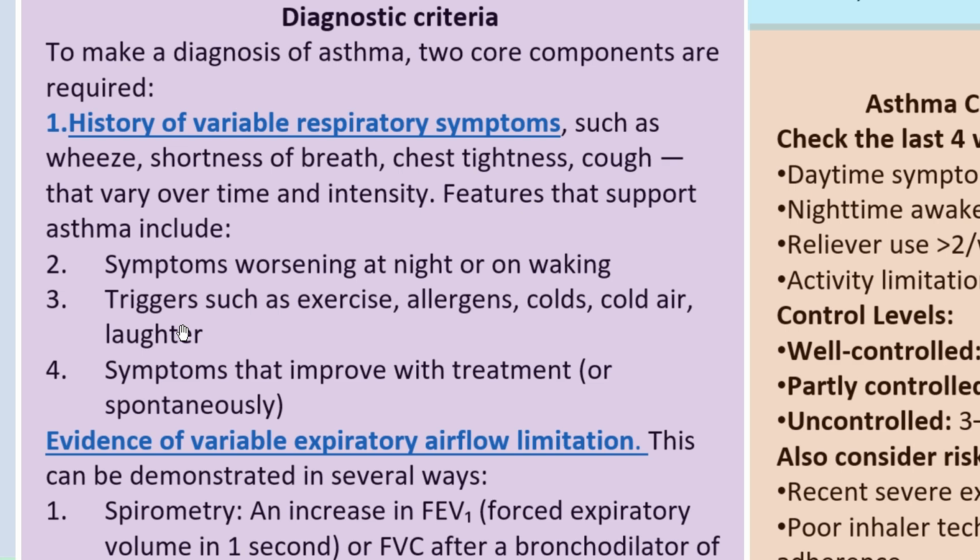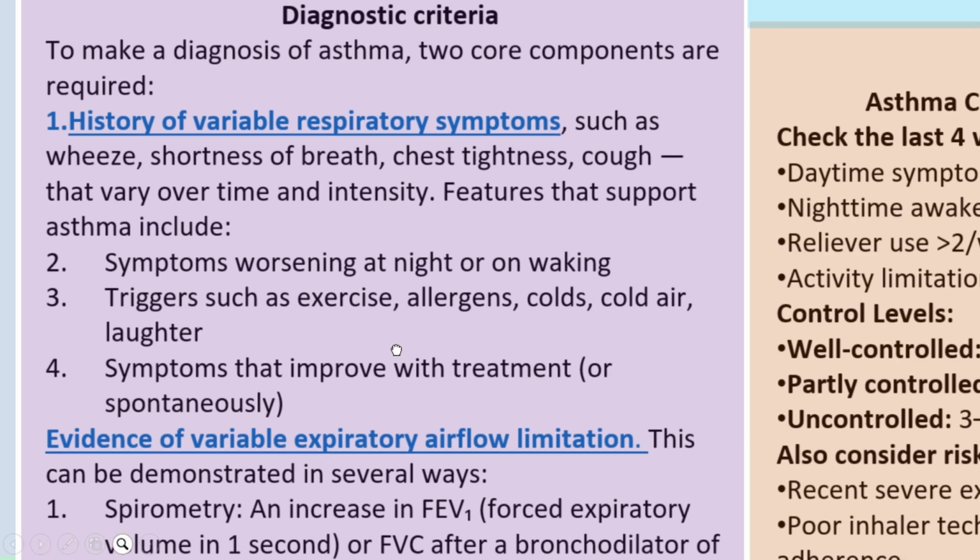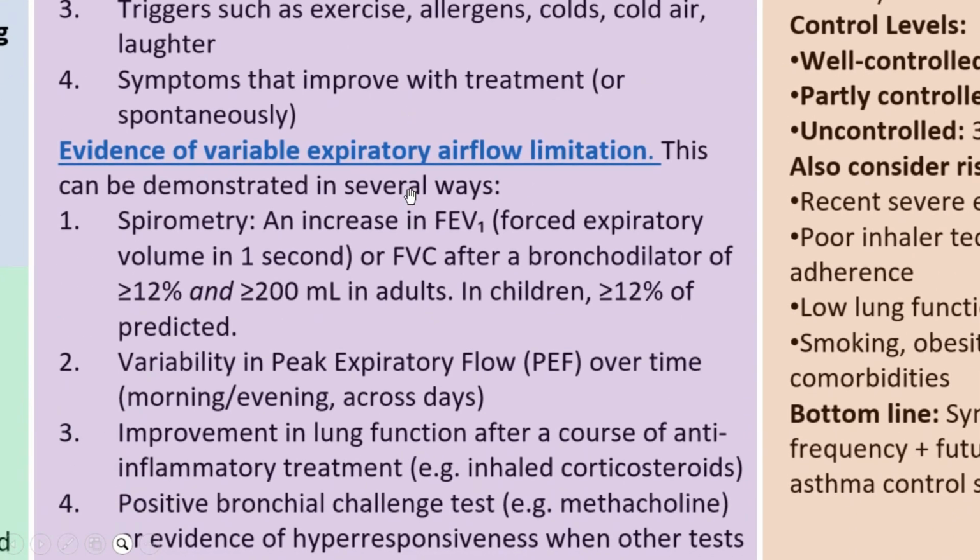So when we get to the evidence of variable airflow limitation, what you're going to do is basically do spirometry, and this is the gold standard test, where we see an increase in the forced expiratory volume in 1 second. So during forced expiration, in the first second, we want to see how much the patient is able to push out, or we can measure the forced vital capacity after the bronchodilator.